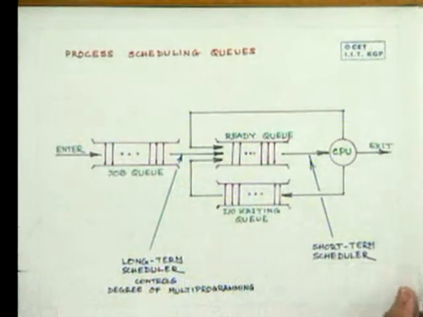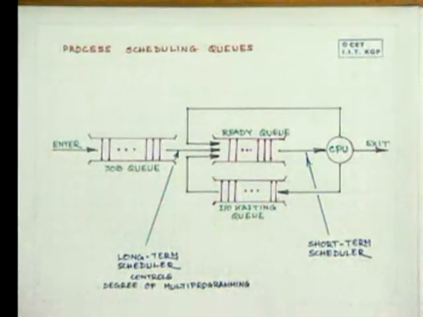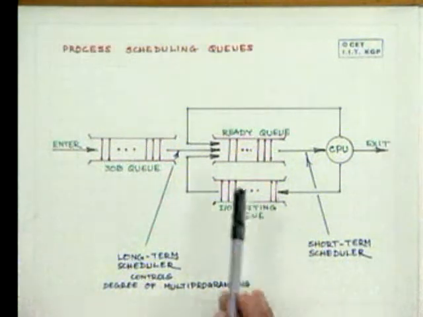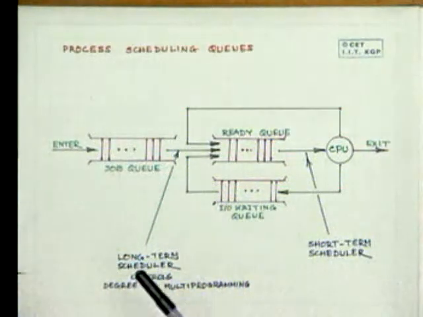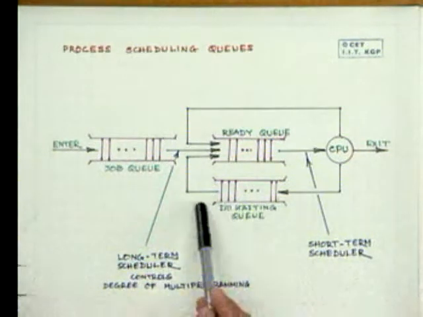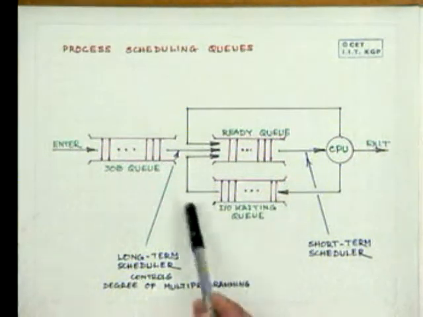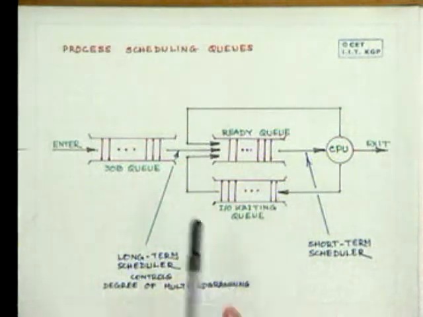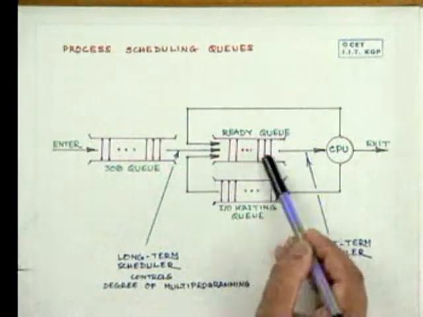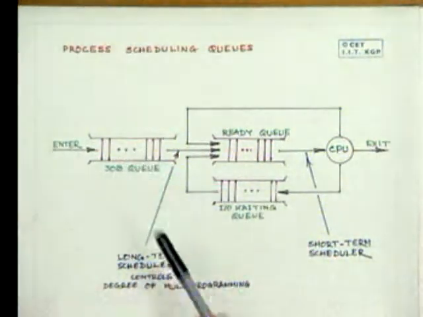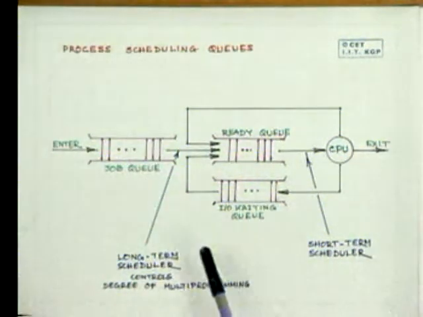Now, sometimes we'll use the terms process and job interchangeably, so that no confusion can come into the picture. If you're saying that the processes will be put into the queue or the jobs will be put into the queue, what is actually put into the queue?